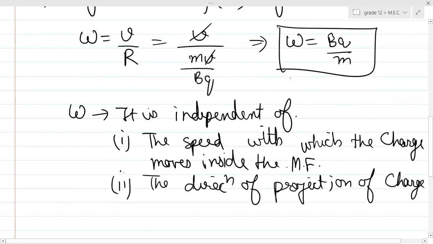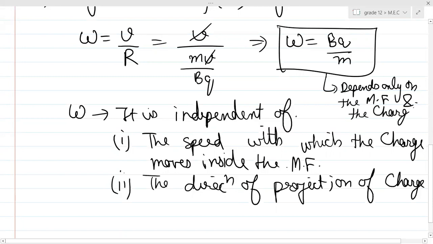Can you see this angular velocity is independent of the direction of projection? If the direction of projection would have affected it, then somewhere the theta term would have come. It depends only on the magnetic field and the charge. Q and m are both properties of that charge, so omega is independent of that.